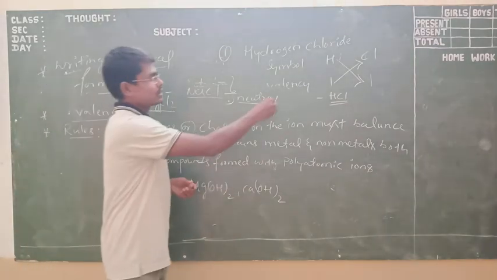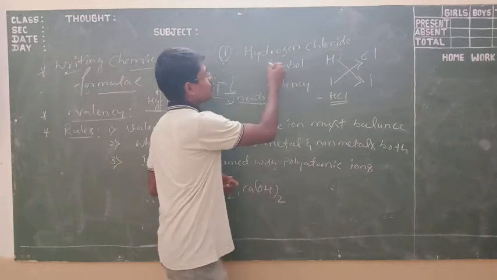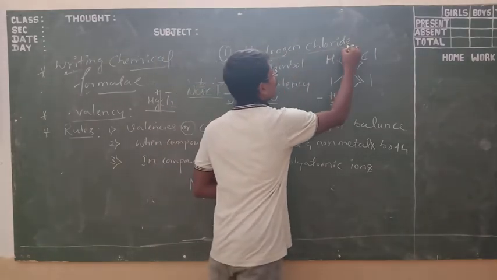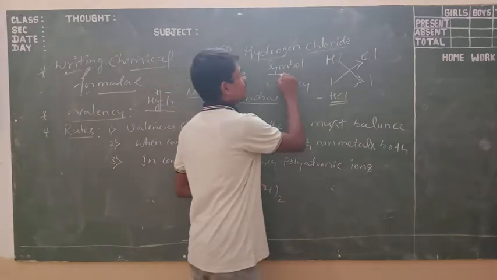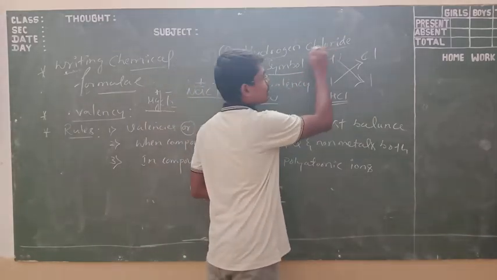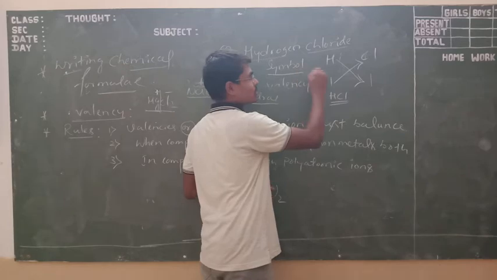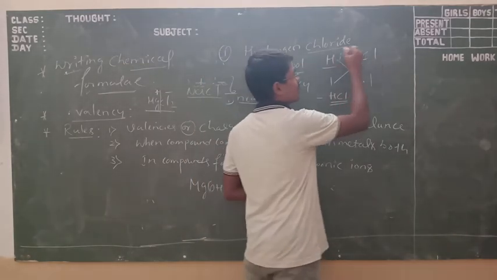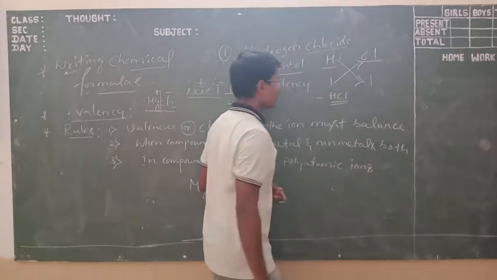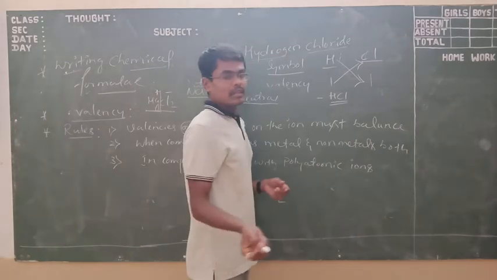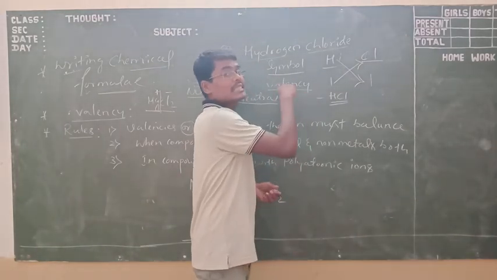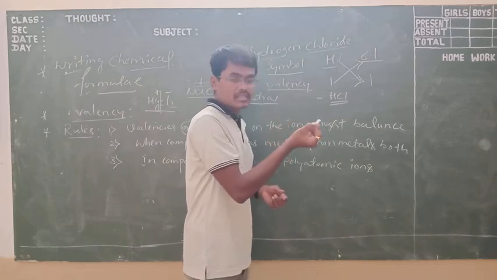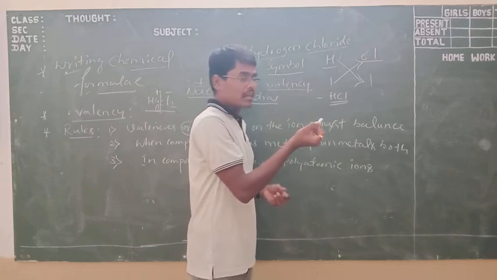Now I have already written the example. Look at here, what is this? Hydrogen chloride. Now look at here. What is the symbol of hydrogen and chloride? We know that the symbol of hydrogen is H and the chloride is nothing but Cl. Okay, and by looking at the table, they have given the valency, or the charges, what type of ions are there, right?